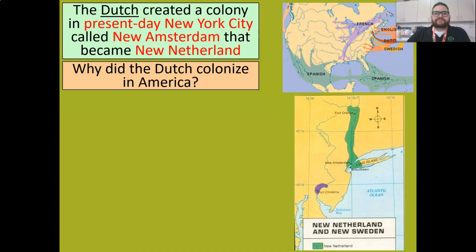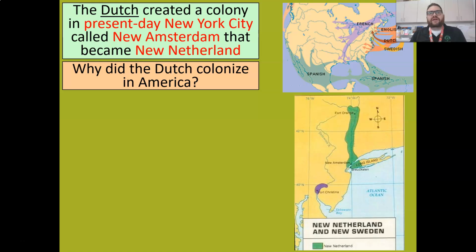And so the Dutch created a colony in present-day New York City, where New York City is today, right by Manhattan Island, was once a colony created by the Dutch. Now, be careful with how you interpret that.